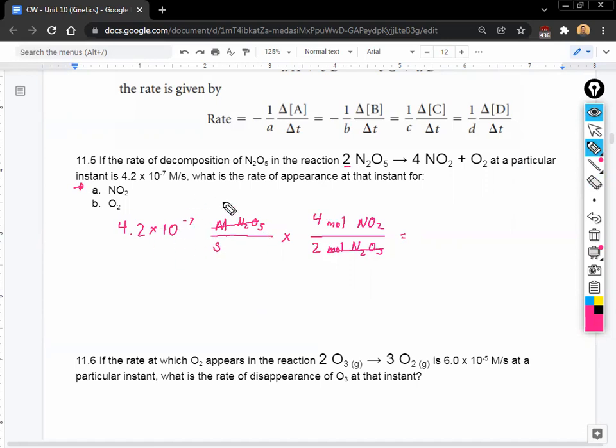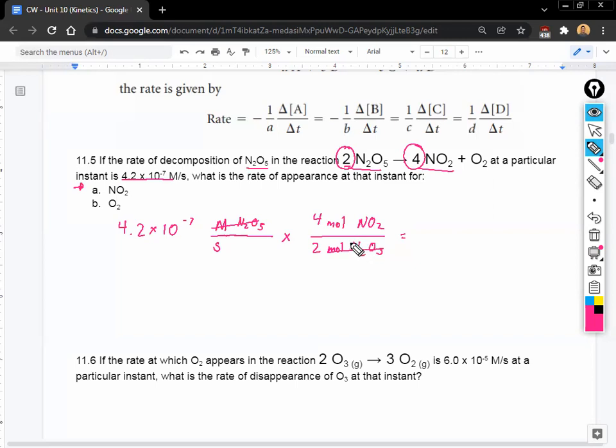Okay, so just to repeat what I just said, we write down the rate that is given to us. 4.2 times 10 to the negative 7 is the rate of change for N2O5. If we compare N2O5 with NO2, we see that every time 2 moles of N2O5 disappear, 4 moles of NO2 appear. And so if we just do a ratio, we can see that the rate will be double.